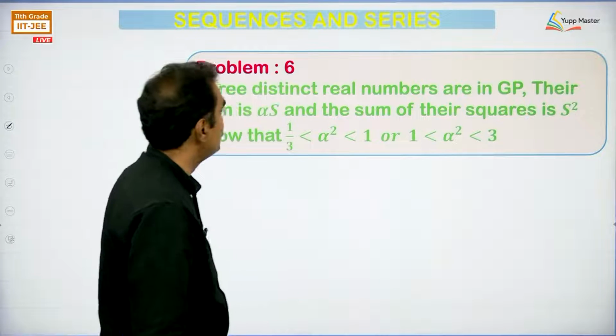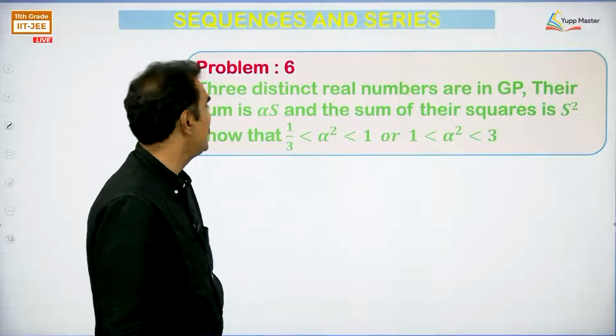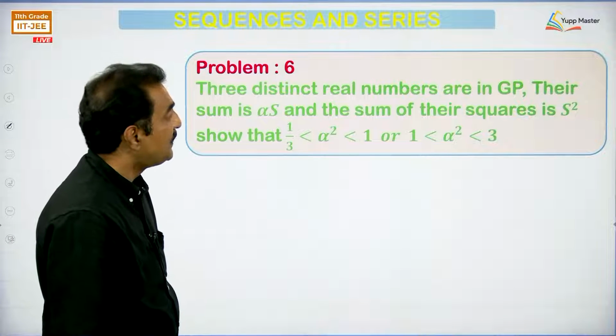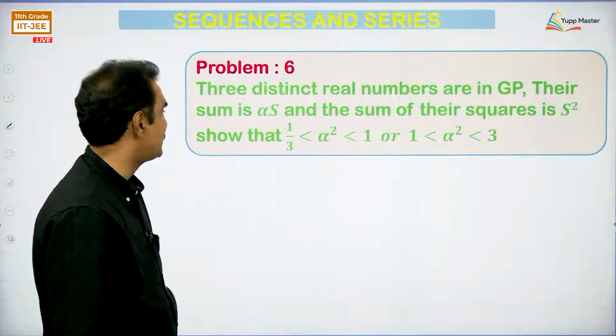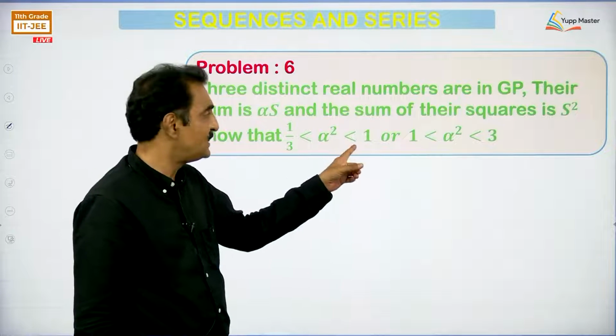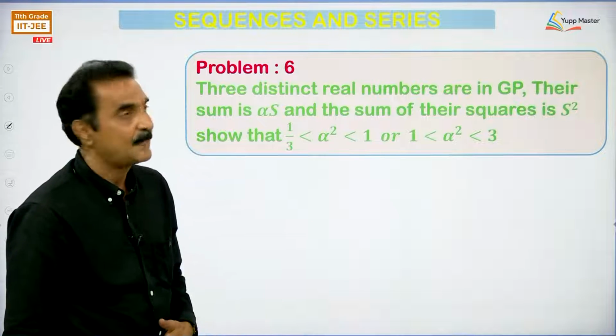3 distinct real numbers are in GP. Their sum is alpha into s and the sum of their squares is s square. Then show that 1 by 3 is less than alpha square less than 1 or 1 is less than alpha square less than 3. Alright.